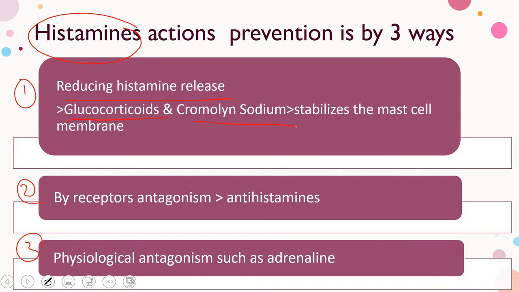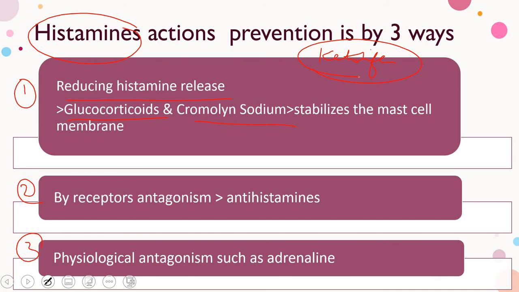There are some other drugs like Zaditen from Novartis Pharma, and ketotifen, the generic drug, that is going to stabilize the mast cell, and the release of histamine is inhibited.